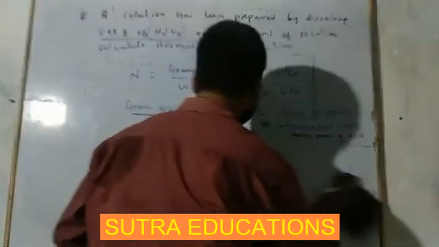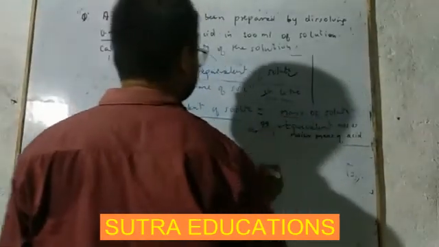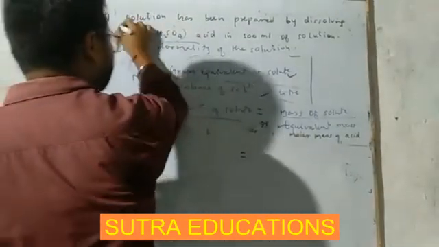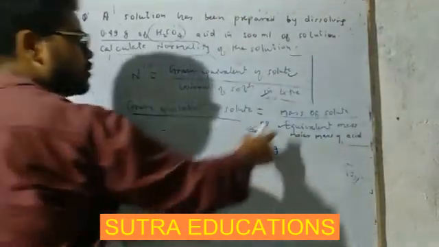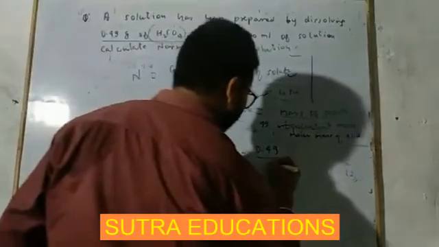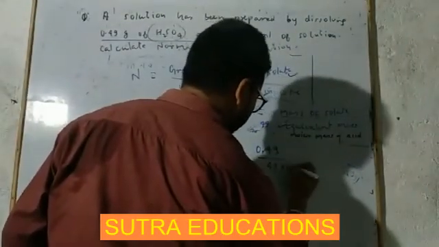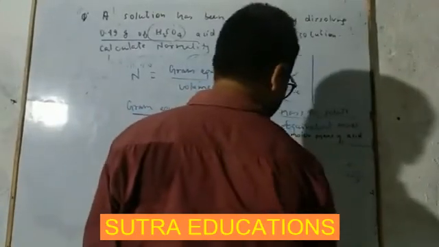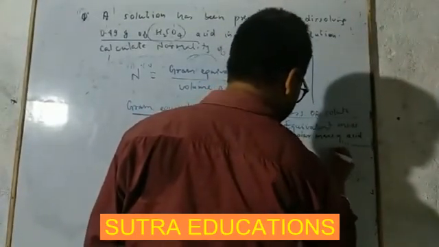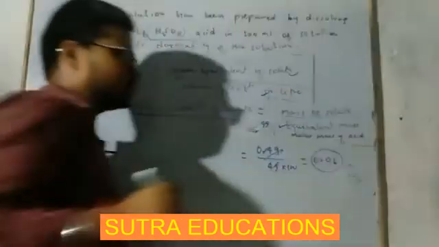The mass of solute is 0.49 as given, divided by the equivalent mass we calculated, 49. So it will be equal to 0.01.